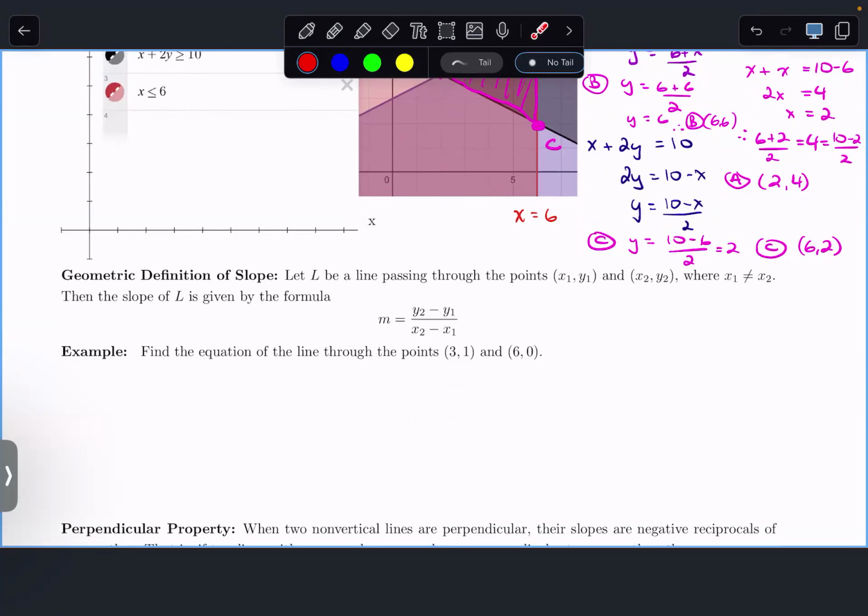Let's take it back to the slope then. Kind of something we're familiar with. If you have 2 points, you have a line that passes through 2 points, x1, y1 and x2, y2, as long as they're not the same value of x, because then you have a vertical line, and that's not very interesting because then the slope is undefined.